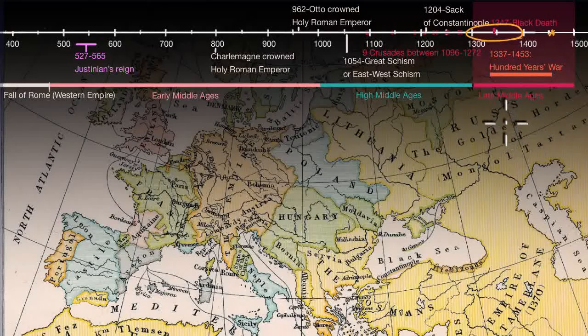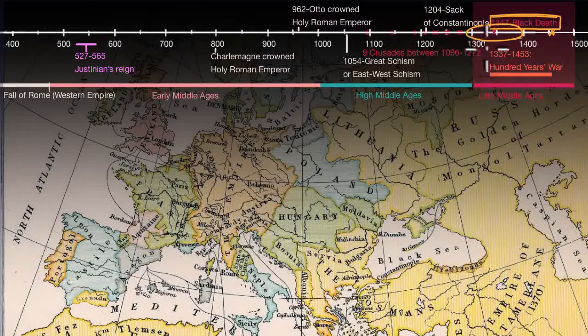And what the late Middle Ages is most known for is being not that pleasant of a time to live in Europe. In 1347, you have the Black Death, which by some estimates kills 50 million people in Europe, which is roughly 60% of the population at the time. It's also a time of famine.